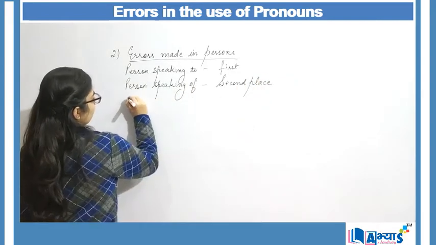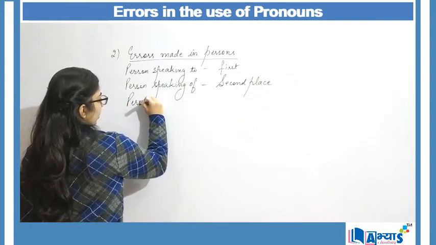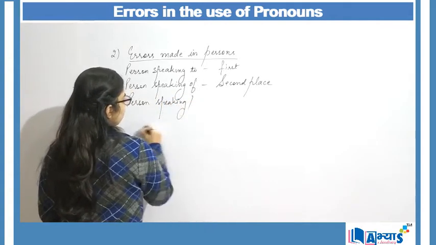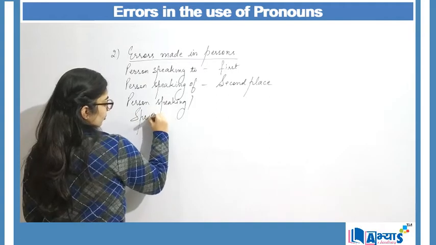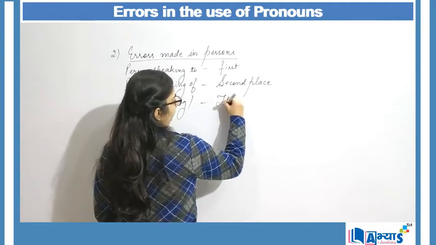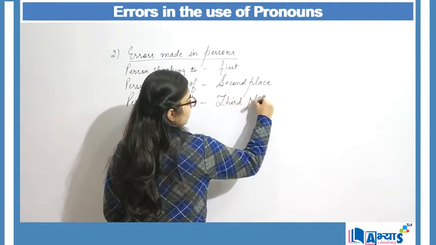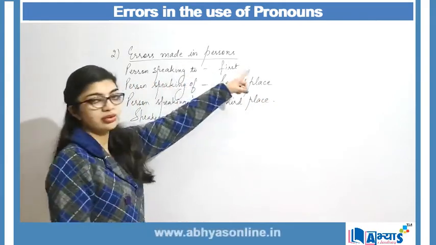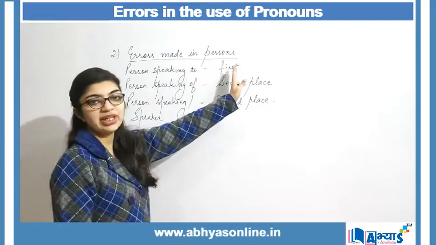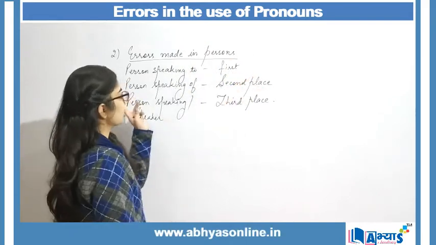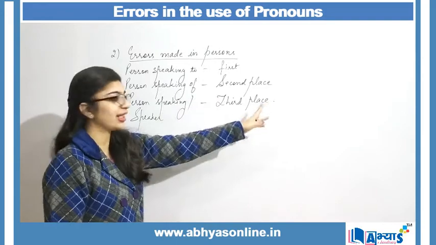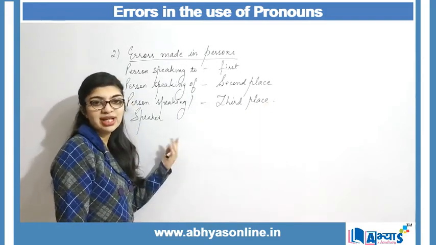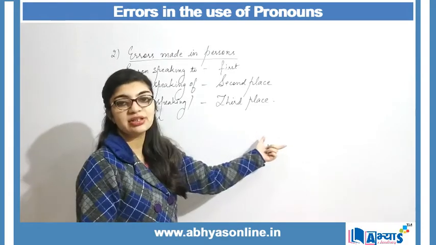And the person who is speaking, or I can say the speaker, will come at the third place. The person we are speaking to will come first, the person that we are speaking of will come second, and the person who is speaking, or we can call that person the speaker, will come at the third place.